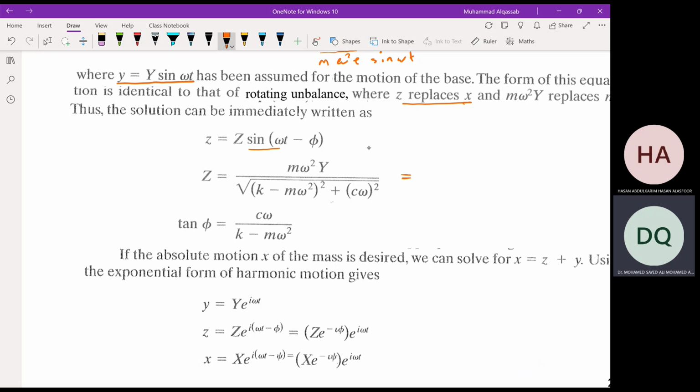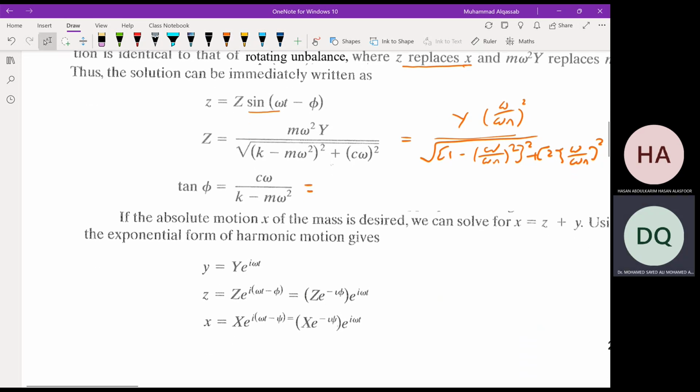We can divide by k, and you will get Y times (omega over omega n) squared divided by the square root of (1 minus (omega over omega n) squared) squared plus (2 zeta omega over omega n) squared. You can put it in dimensionless form as we did in the force excitation and the rotating imbalance. The same thing with the phase.